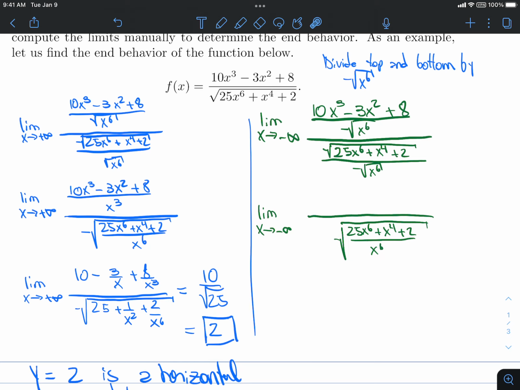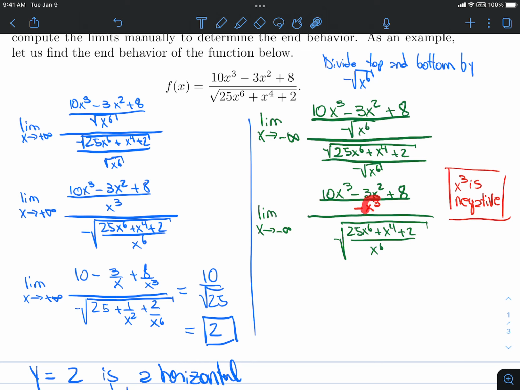The result of a square root always needs to be positive. So for it to be positive, I have to have minus x cubed, because x is a very large negative number. So x cubed is also negative.